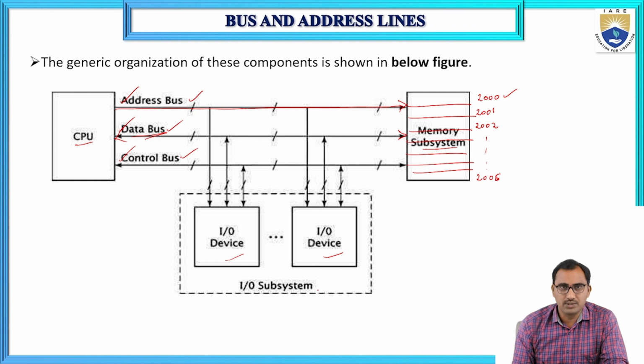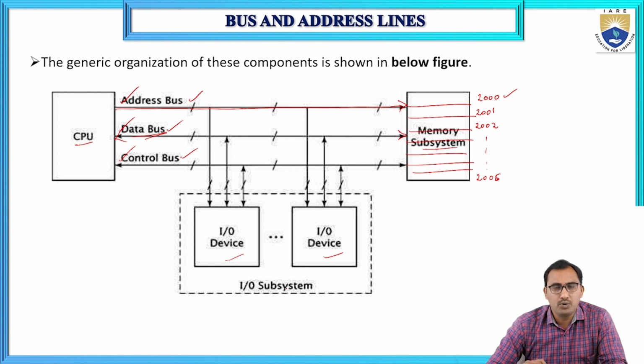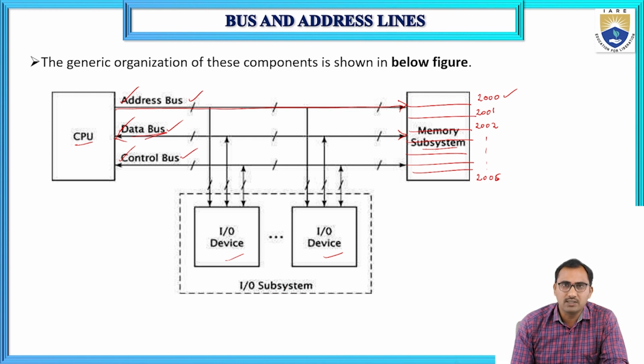Coming to the I/O subsystem, it consists of various input devices as well as output devices. Every I/O device has three types of buses: one is the address bus, the second is the data bus, and the third is the control bus.